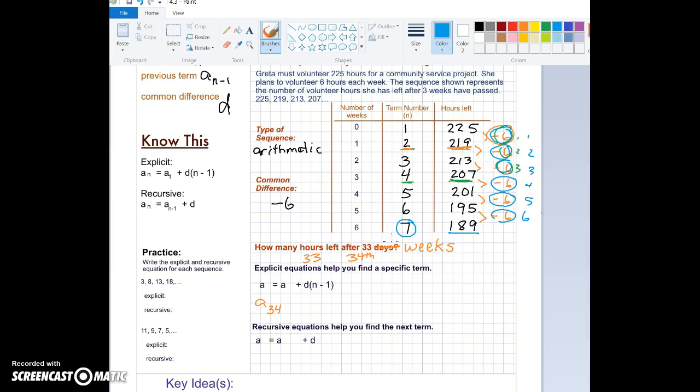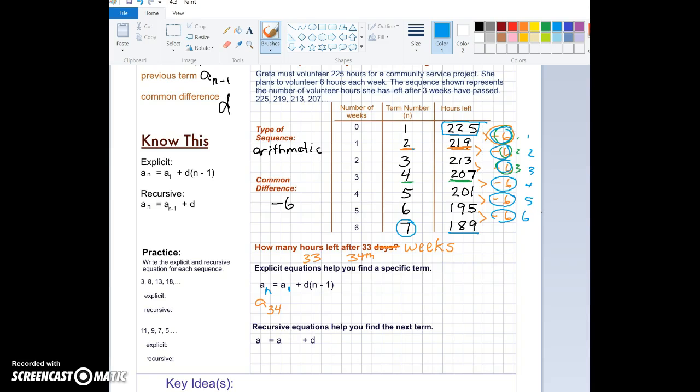So I think we can come up with a formula. We can say that if we want to find the nth term, we started with 225. So if we start with our first term, A sub 1, we subtract 6. How many times do we subtract 6?